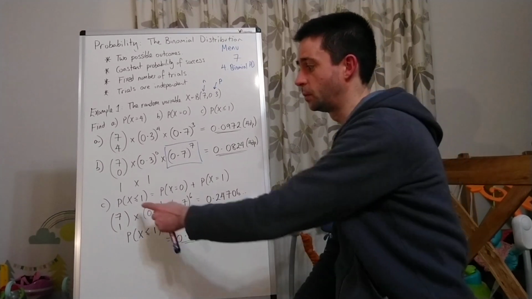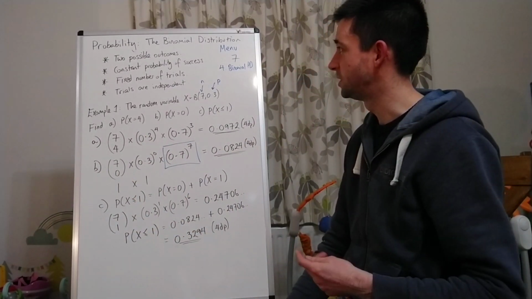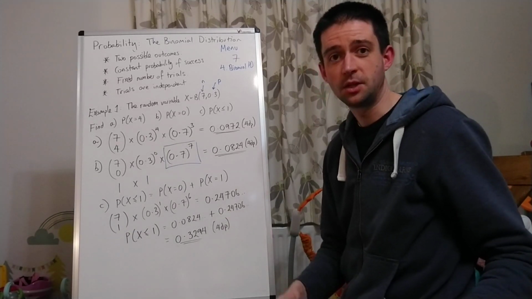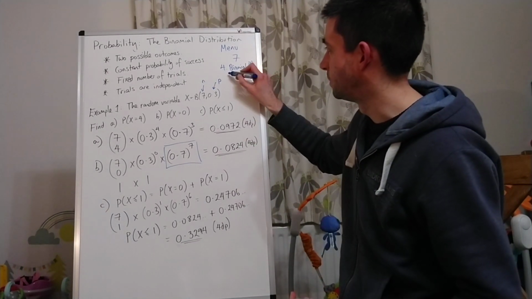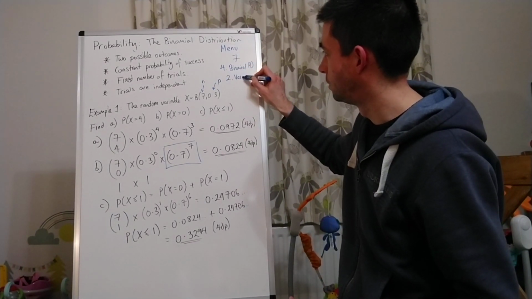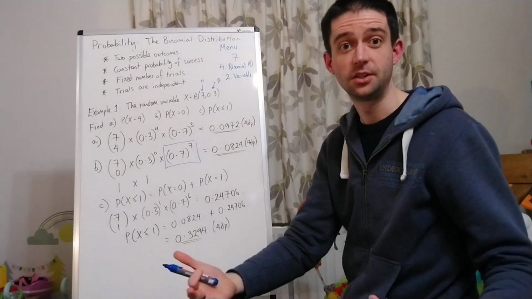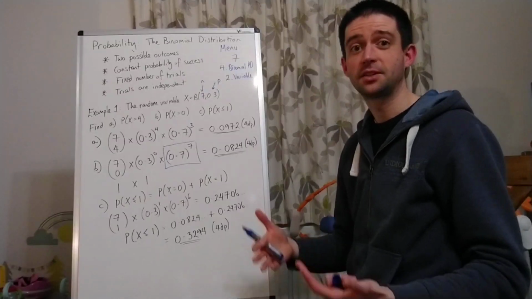There is another function that will find you the probability of up to and including a certain number of successes. And what it asks you for when you do that is whether you want a list or variable. We'll go with variable on this one because we just want to get one result. The list function allows you to get lots of results and lists them, but we'll just do it this way for now. And it asks you for x, n and p.